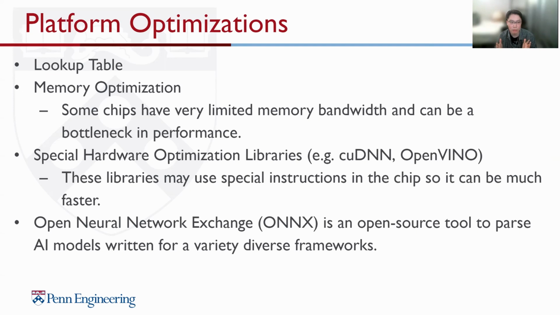When we do deployment on different platforms, there is a common format that I want to introduce to you. It's called ONNX. ONNX is an open source tool to parse AI models written for a variety of diverse frameworks.